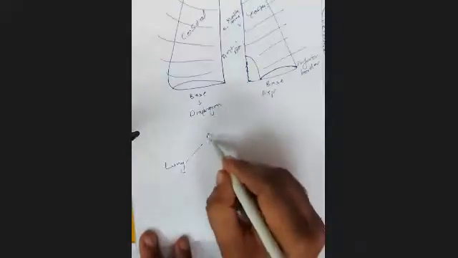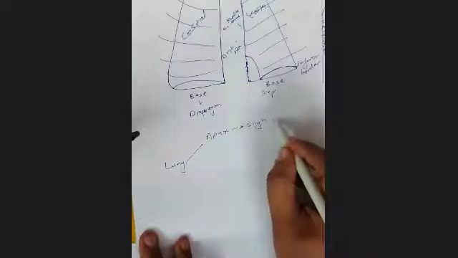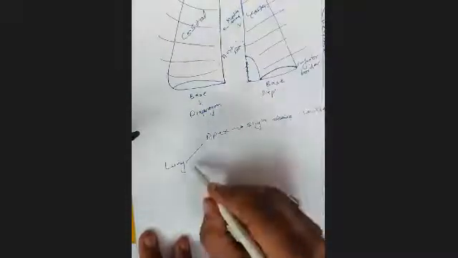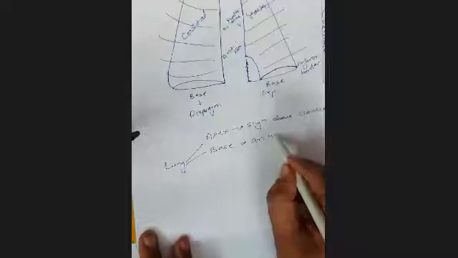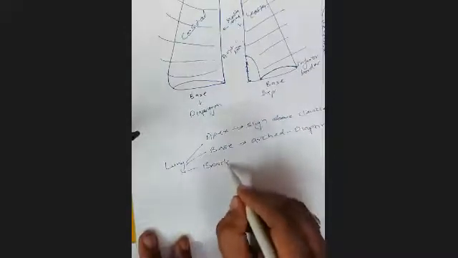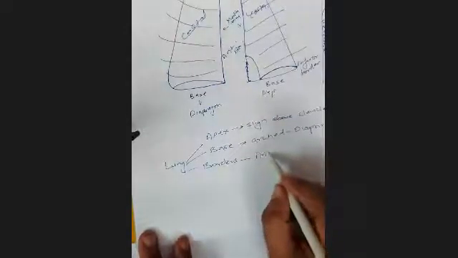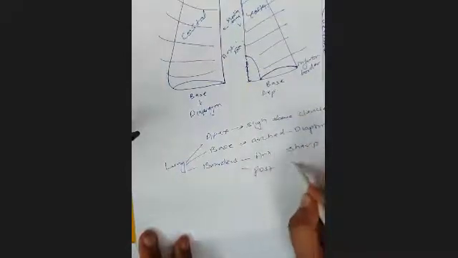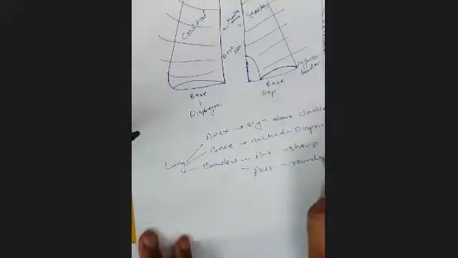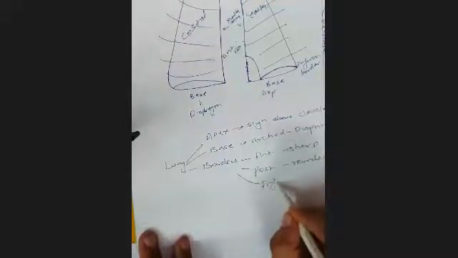Again I'll repeat: a lung will have an apex. The apex will go slightly above the clavicle and first rib. The base is arched and is in relation with the diaphragm. Borders are three: anterior border, which is sharp; posterior border, which is rounded; and inferior border.